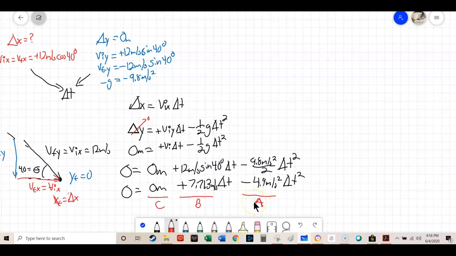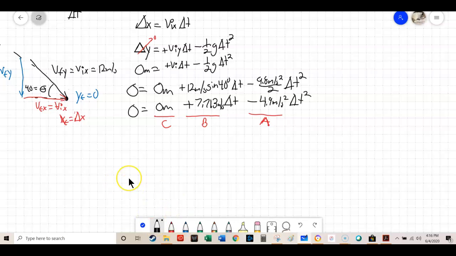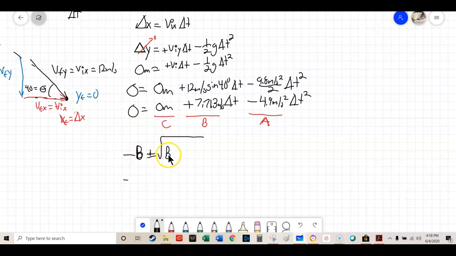All right? So quadratic equation. There's an easier way to do this I'm about to show you, but the quadratic equation again is negative b, plus or minus the square root of b squared minus 4AC, all over 2A.